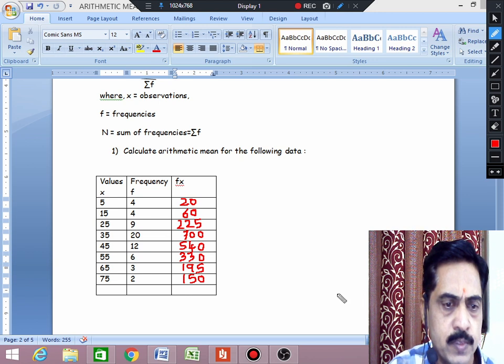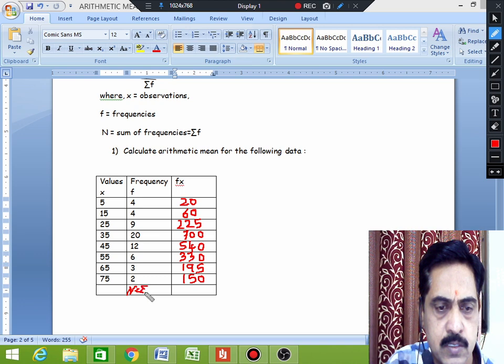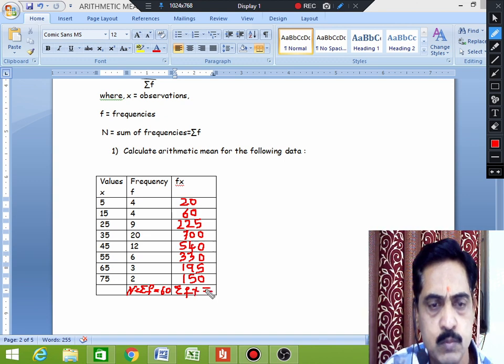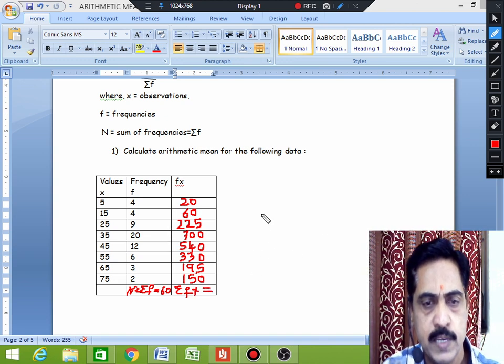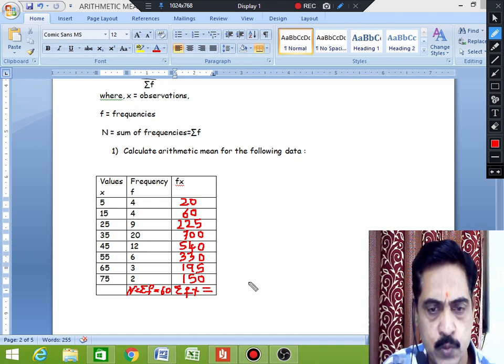Now let us calculate the total. So this is called capital N, that is summation of f, which comes to be 60, and this is summation of fx. Let me calculate this.